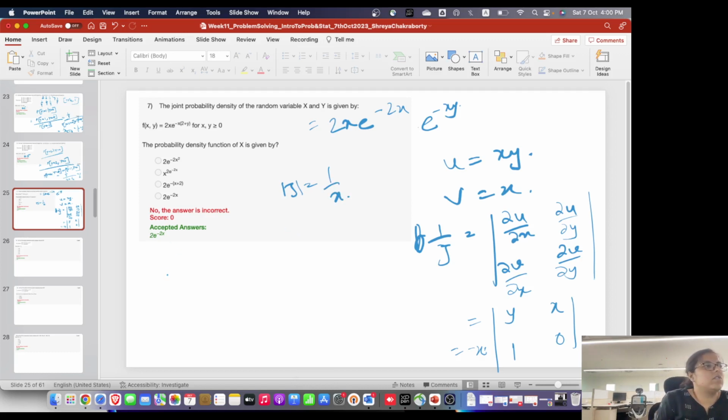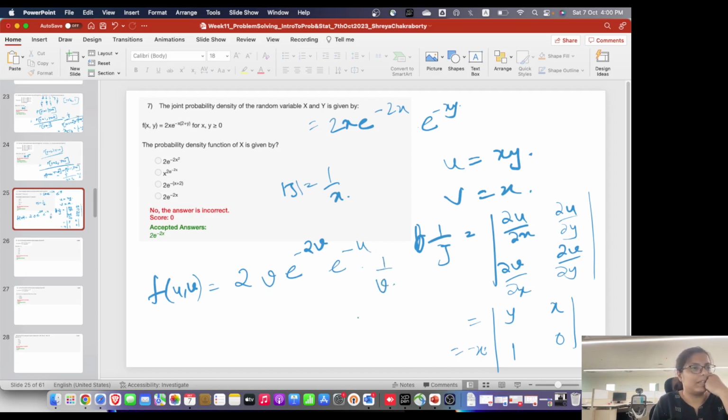Alright. So then f u v we'll write as 2, x we'll write as v, e to the power minus 2v, e to the power minus u into 1 by x, we'll write it as 1 by v.